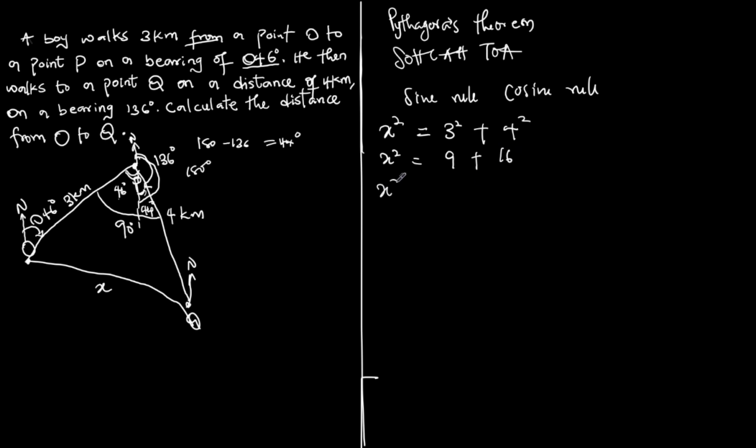And then x squared will equal 9 plus 16, which is 25. I'm to find x, not x squared. So to get x, I take the square root of both sides. If I take the square root of x squared, the root will cancel the square, so I have x will equal the square root of 25, which is equal to 5. So which means my x is 5 kilometers.